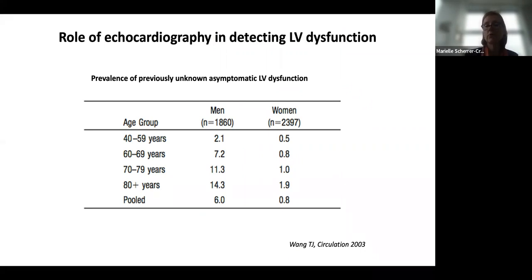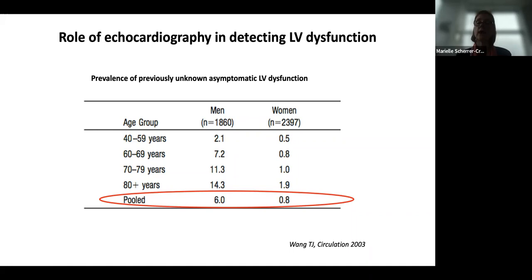If you did an echo in the whole population, you would find about 6% of men and 0.8% of women who have asymptomatic LV dysfunction. So that's the yield of doing an echo in anyone. Now, people with cancer may have a higher yield of asymptomatic LV dysfunction, and older people, as you can see, too.